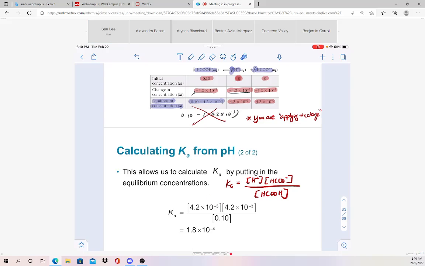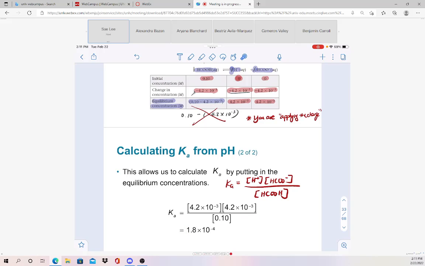And then the concentration of the conjugate base is going to be 4.2 times 10 to the negative 3. For the concentration of the acid, because this is such a small number, we just decided to keep it as 0.10, or if you want, you can do the exact math. That's totally fine. So if you do this math, you will get a Ka value of this.